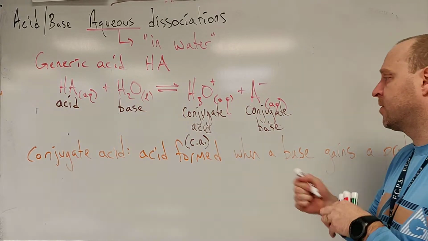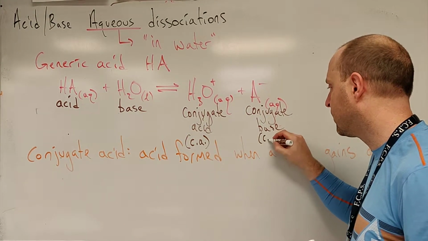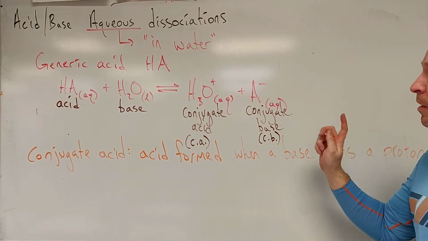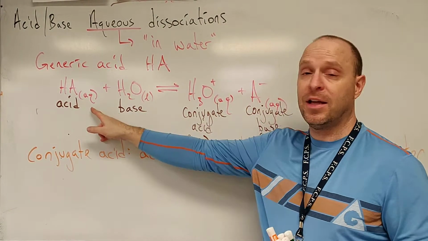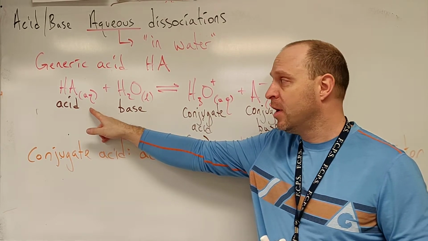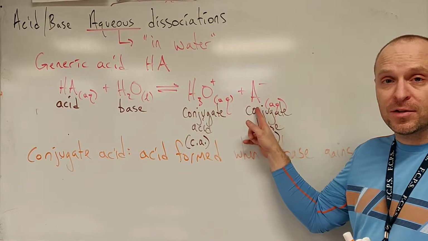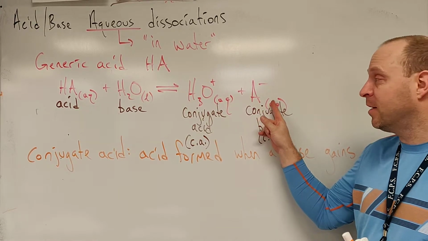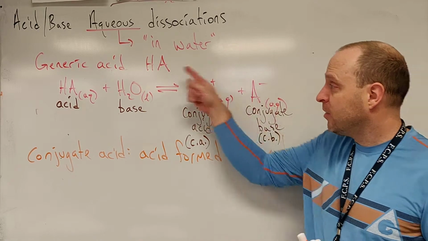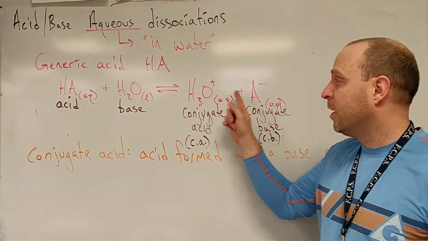Our conjugate base, and I'll abbreviate that similarly, CB, is what is formed from our acid. HA was an acid. It donated a proton, because that's what acids do, and became A minus. Now A minus is missing a proton, and so it is in a position to accept a proton. And going in this direction, it can do so, and we get HA.